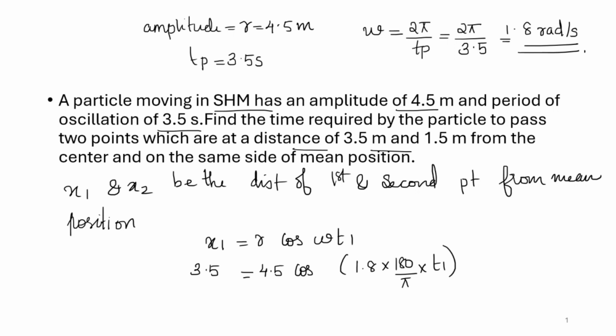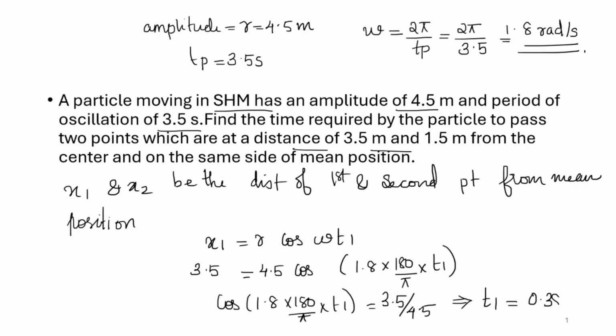Then cos of 1.8 into 180 divided by pi into t1 is equal to 3.5 by 4.5. If you take the cos inverse of that value and divide by 180 into 1.8 by pi, and solve that, we will get t1 as 0.38 seconds.